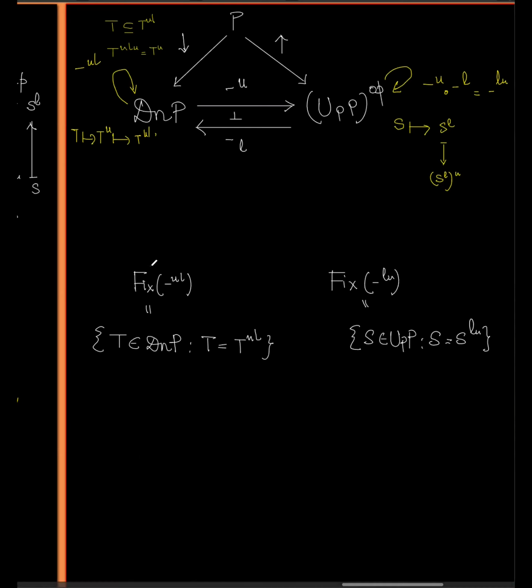Okay. And we know that this is a subset of this is a subset of this, and this restricts to an isomorphism. So this is the same as this. Okay. These two are actually the same. Okay.